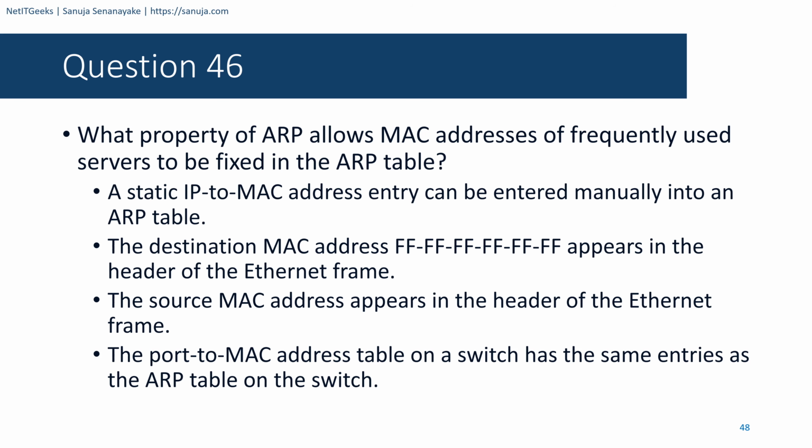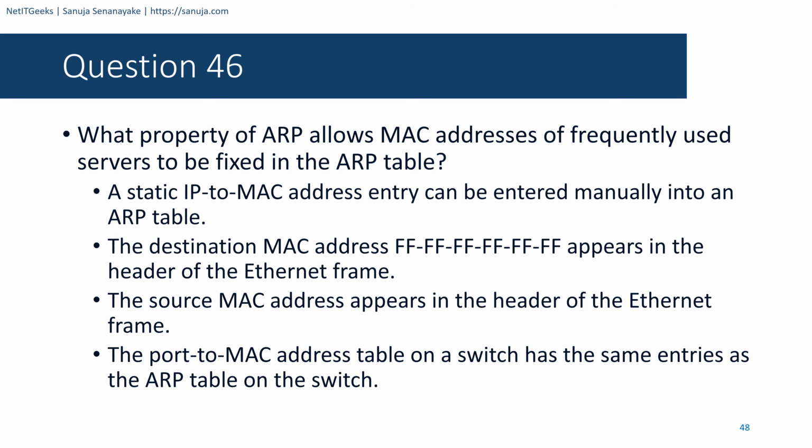The answers include: a static IP to MAC address entry that can be entered manually into an ARP table; the destination MAC address, all Fs, appears in the header of the Ethernet frame; the source MAC address appears in the header of the Ethernet frame; the port to MAC address table on a switch has the same entries as the ARP table on the switch. So those are the possible answers.